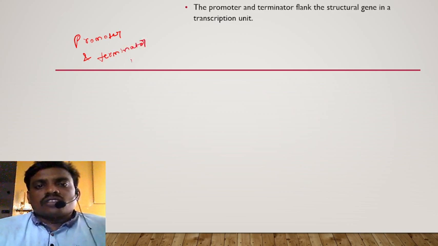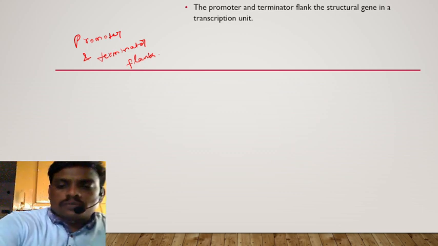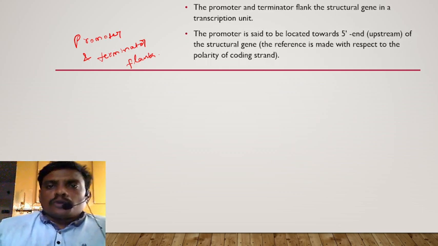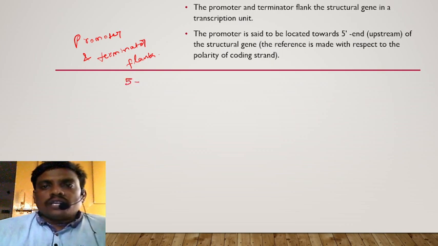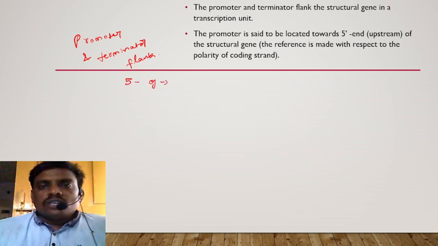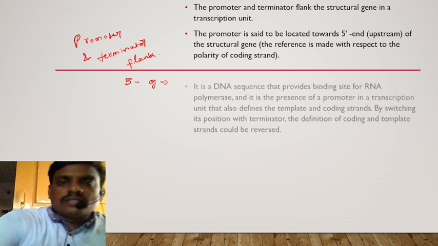The promoter is said to be located towards the 5' end of the structural gene.